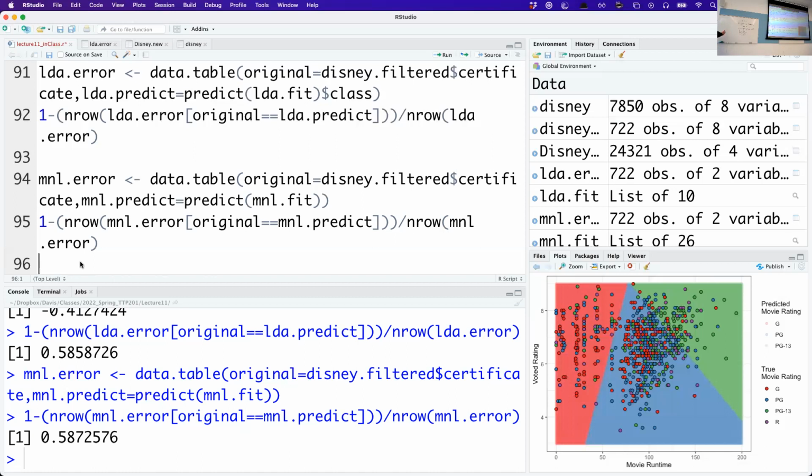So there is some context that depends on the setting of your data as well. Any questions about this?